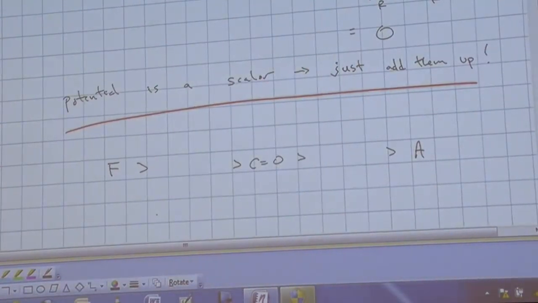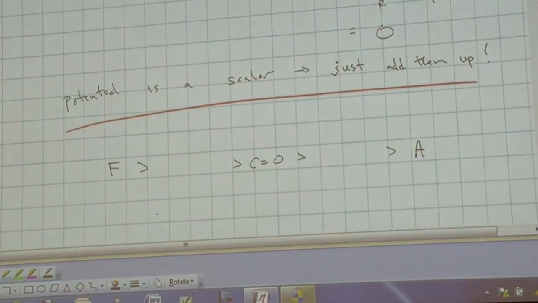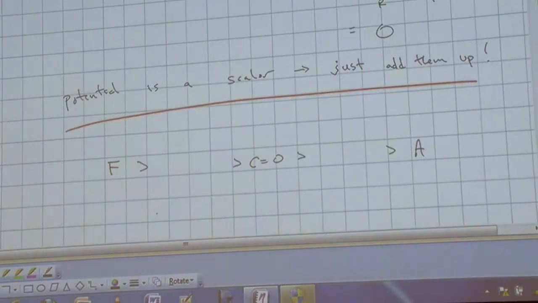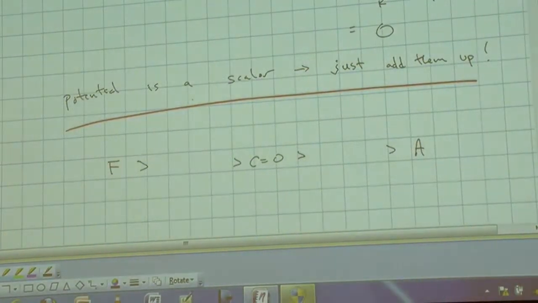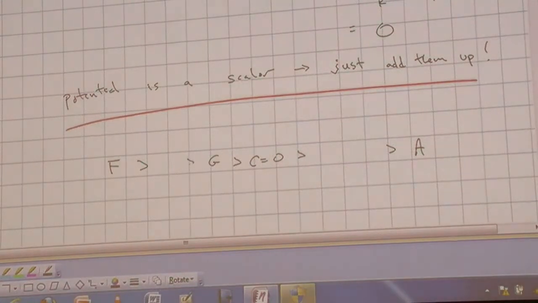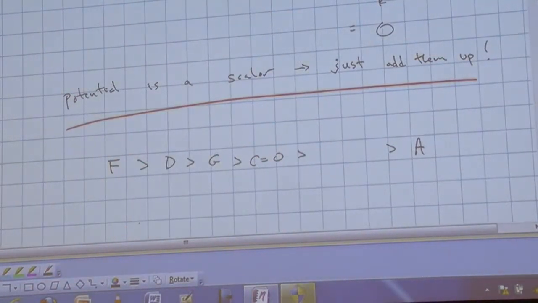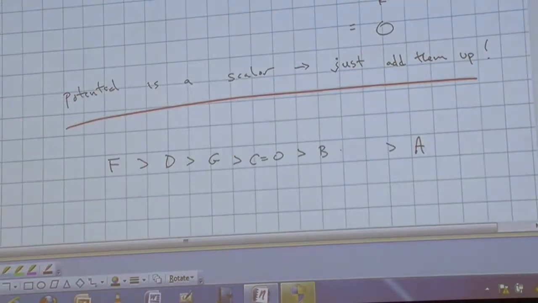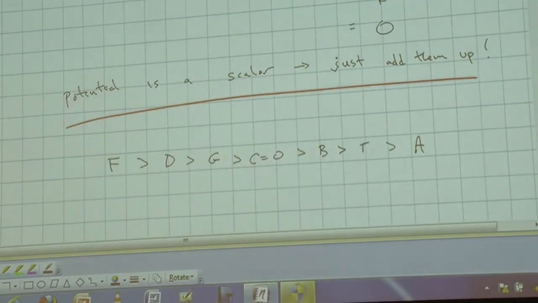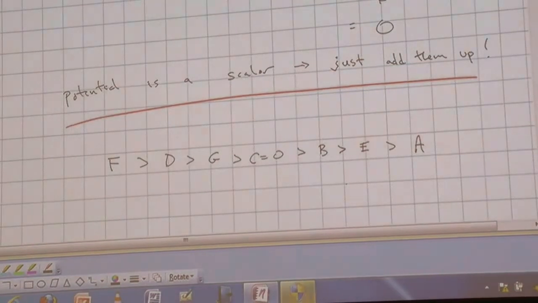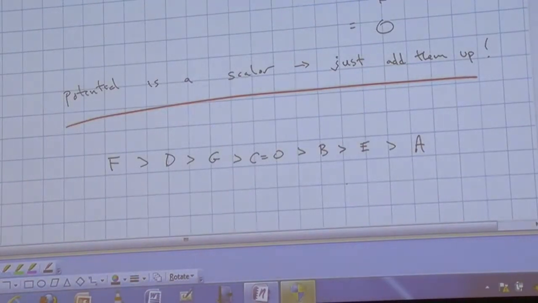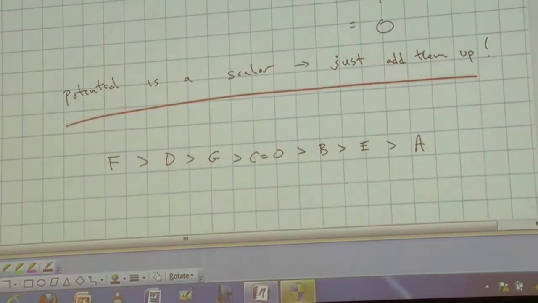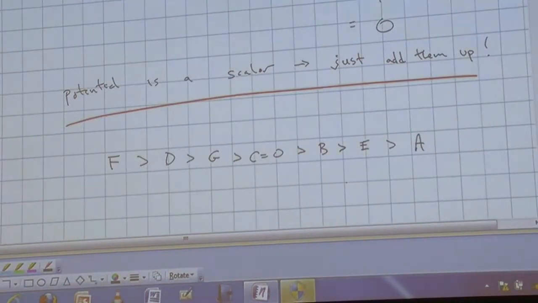G is going to be slightly positive. And then D is a little more positive. B is slightly negative. And E is more negative. And A is the most negative. Okay, we agree with that?